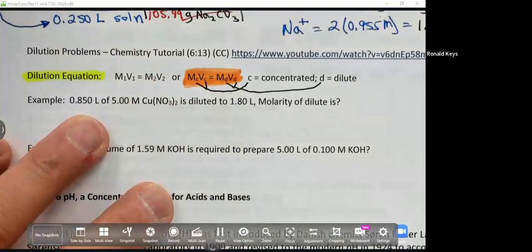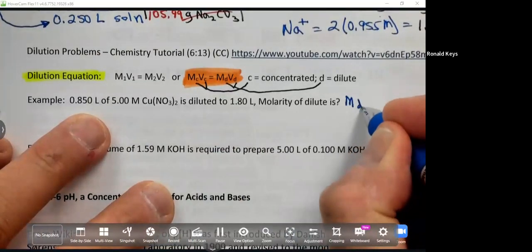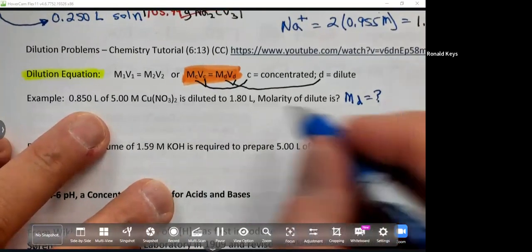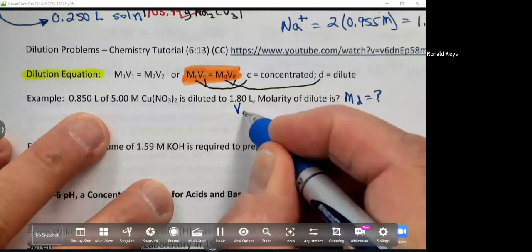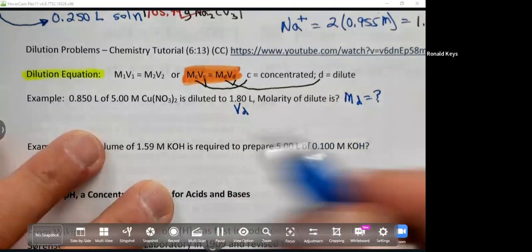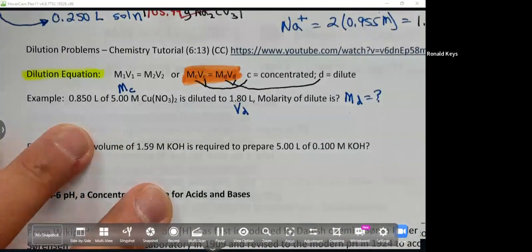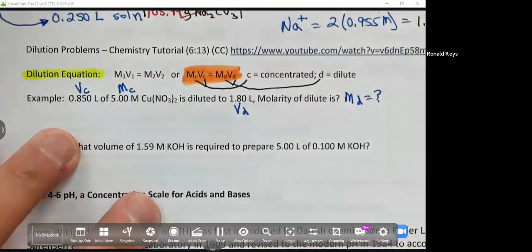So we are looking for the molarity of the dilute. This right here is the volume of the dilute. This right here has to be the molarity of the concentrated. And this has to be the volume of the concentrated, right?